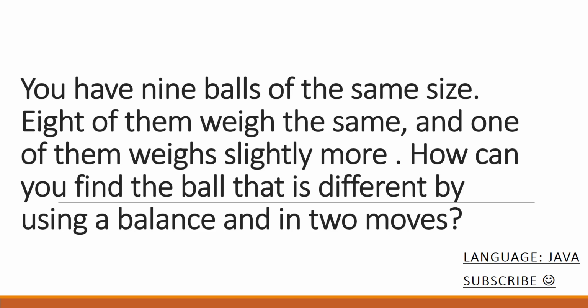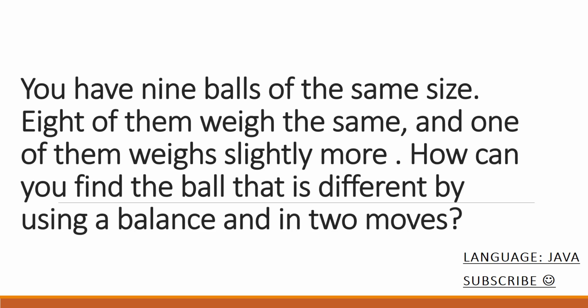This question is fairly easy once you understand it, but if you don't understand it, most people try to solve it in n-1 moves. The way that we solve it in 2 moves is first we divide the balls into 3 groups. We take the first group and put it on the scale.